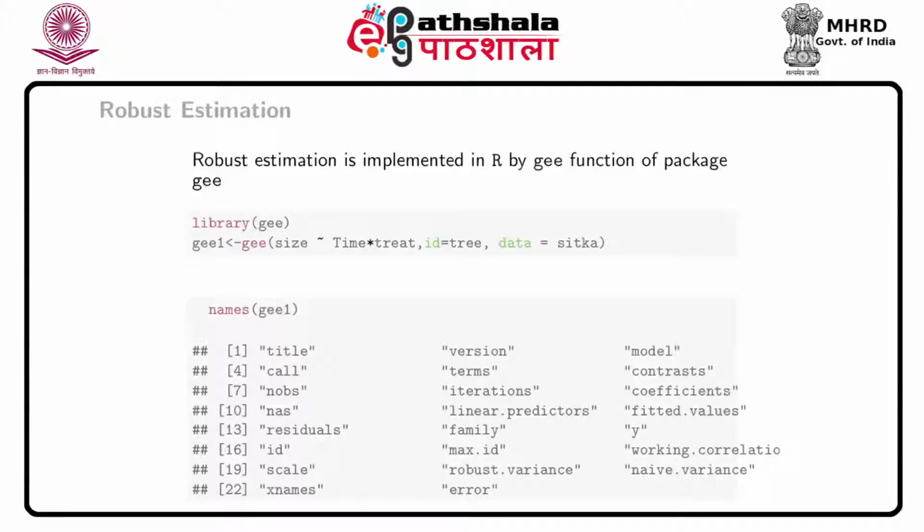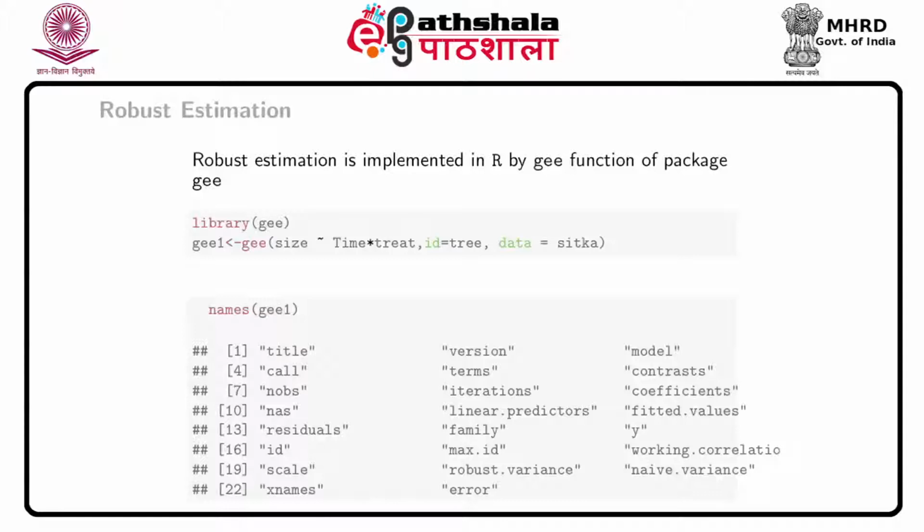That means we are specifying that there is a grouping by the IDs, and the grouping IDs are the column called tree. Now the gee object produces a lot of things. To have an idea about what it produces, we can use names(GEE1), because GEE1 is the object name that we have given to the gee object.